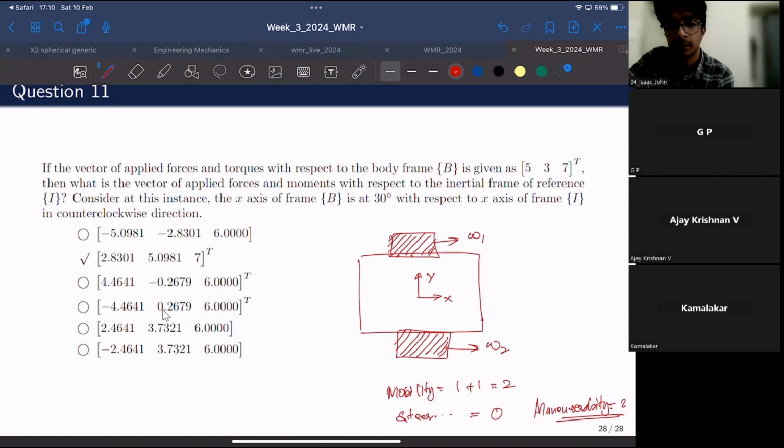Is there any prior course requirement for this course? No, nothing. You only need elementary linear algebra. Nothing else is required. The most involved topic that we have considered for this week is the derivation of the Newton-Euler equations of motion.